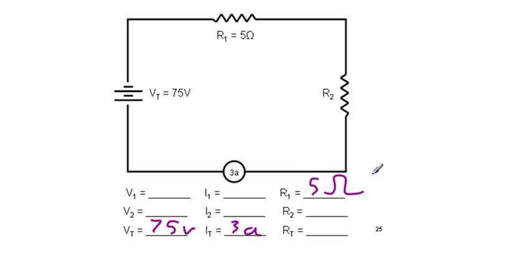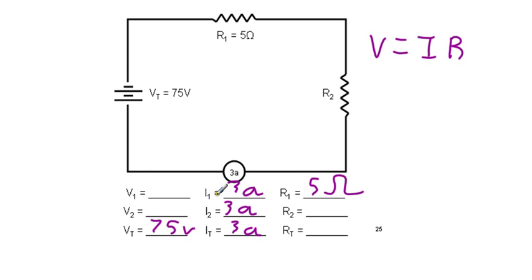We're given our R1 as 5 ohms. And once you've filled in all that is given to you directly in the circuit, now you need to go back to the rules, and you need to think back to Ohm's law, V equals IR. One of the easiest things for series circuits is the current. The current is going to be the same through all of these. So if we know our total current is 3 amps, we know our I1 and our I2 are both 3 amps.